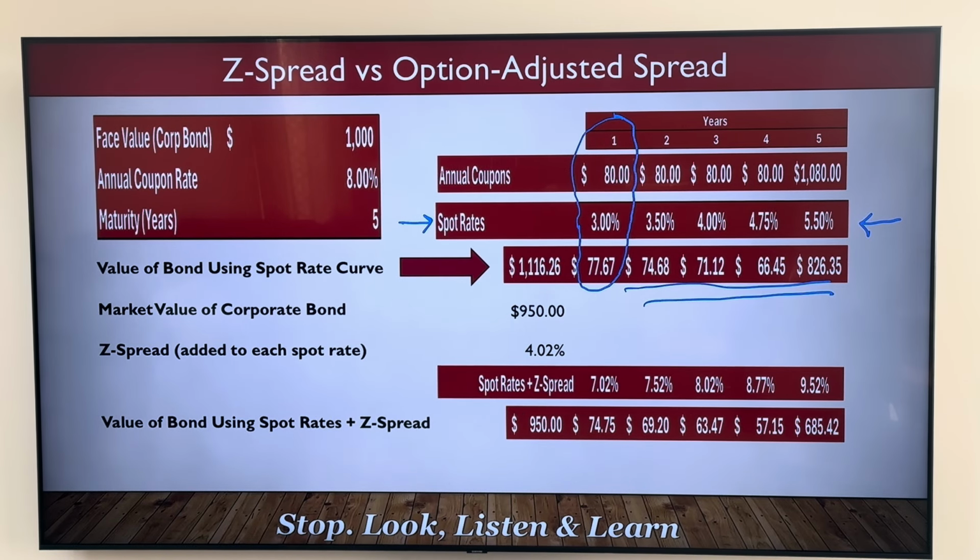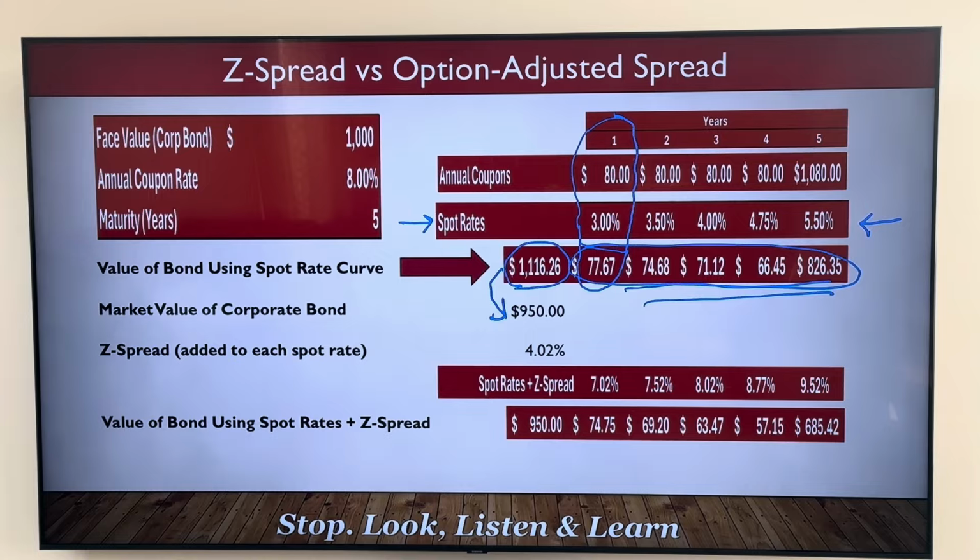And then we sum those cash flows here, and we get this number here, which would be the value of that particular bond. And once we get the value of that bond utilizing the spot rate curve, we compare the value of that bond with the actual market price.